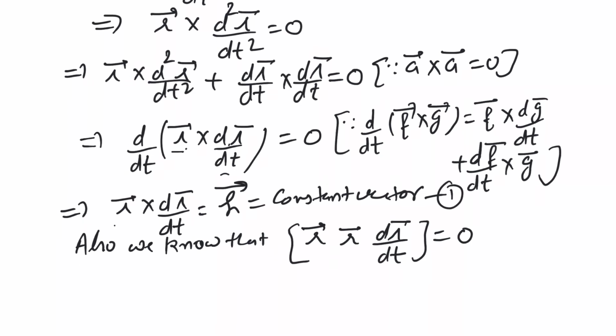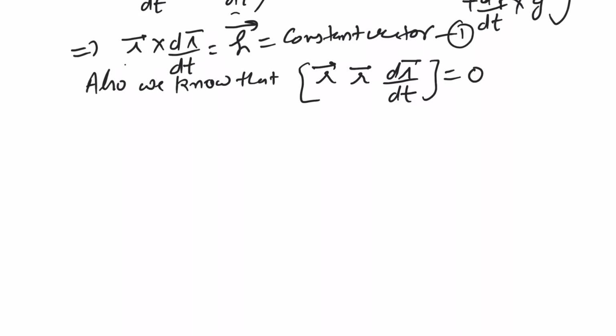So this can be written further as r dot (r cross dr/dt) equal to 0.